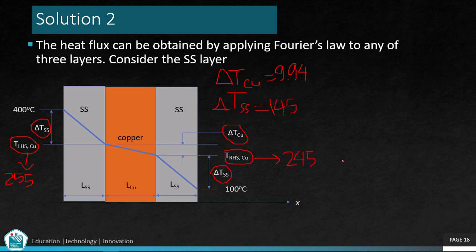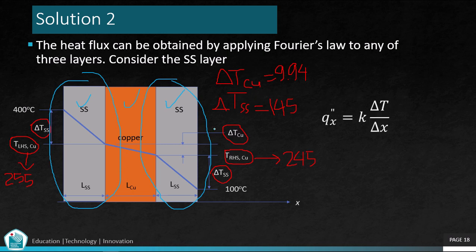Again, the heat flux can be obtained by applying Fourier's law to any of the three layers. For example, we can apply it to the stainless steel, or we can also do it for the copper. In this case I consider the stainless steel layer, but we just need to calculate one layer, no need to calculate two.